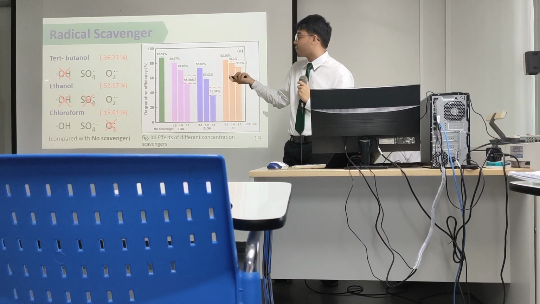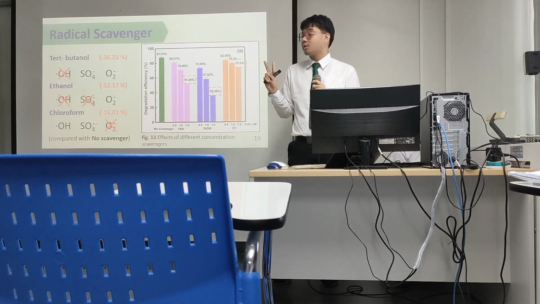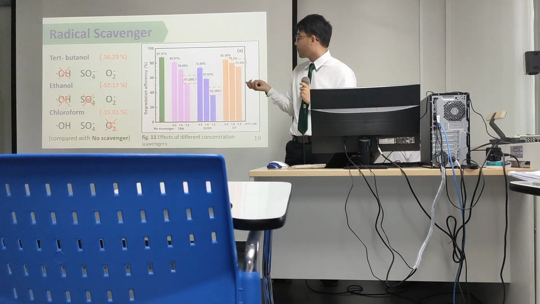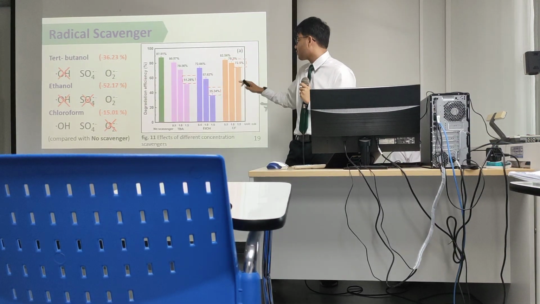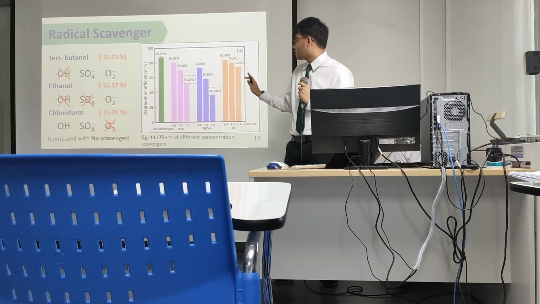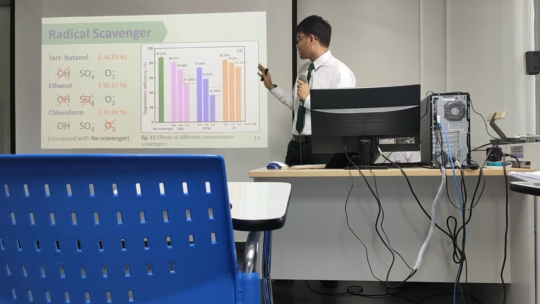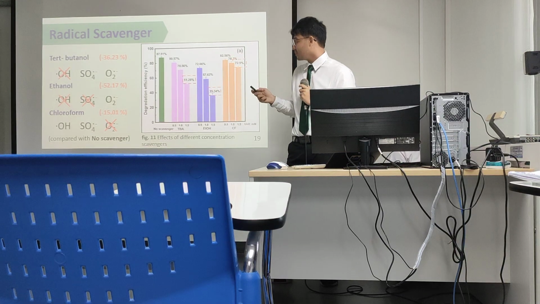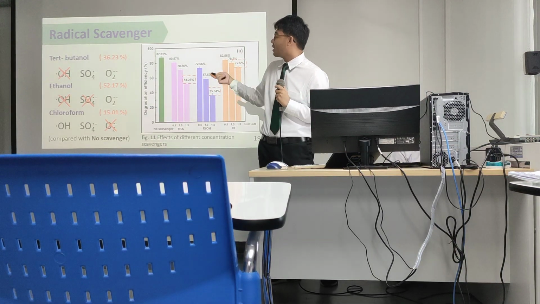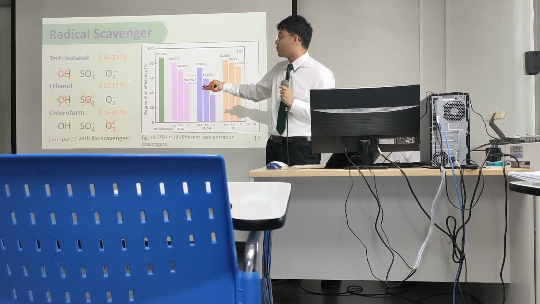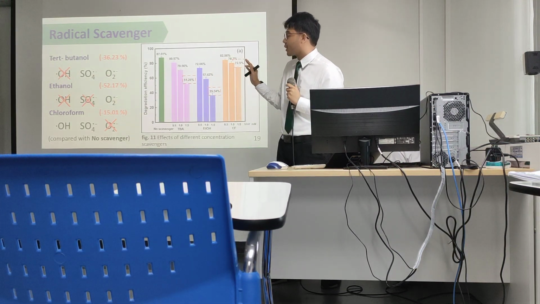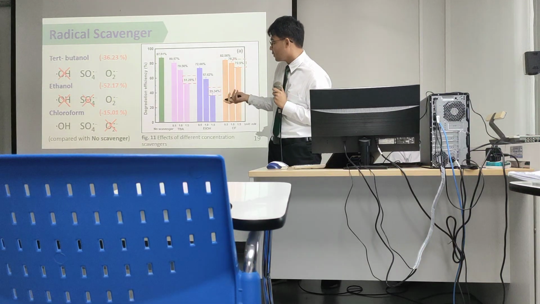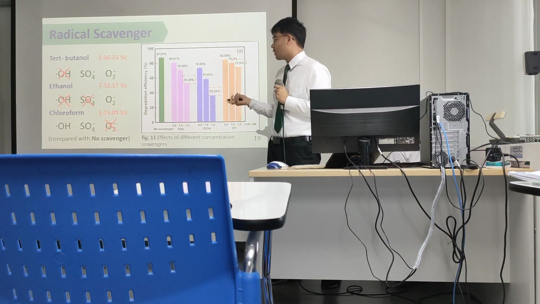Ethanol inhibits two radicals, hydroxyl radicals and sulfate radicals. It decreases to 37.34%. But you can see the difference between the two values; I guess that is the contribution of the sulfate radical. And the last one, chloroform, inhibits superoxide.